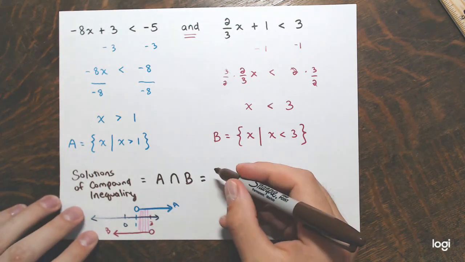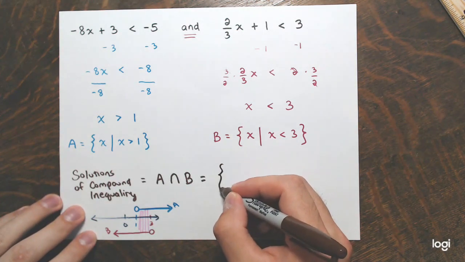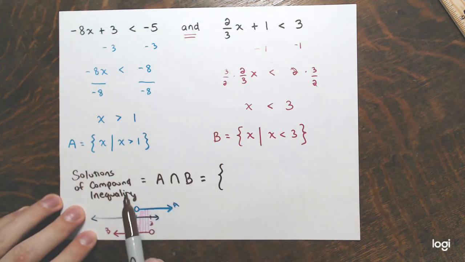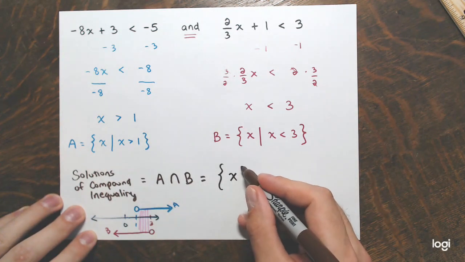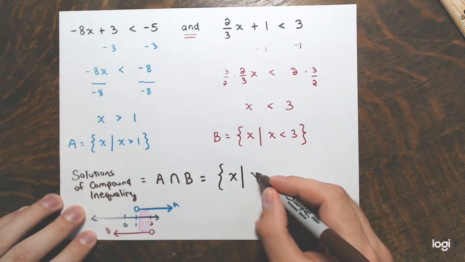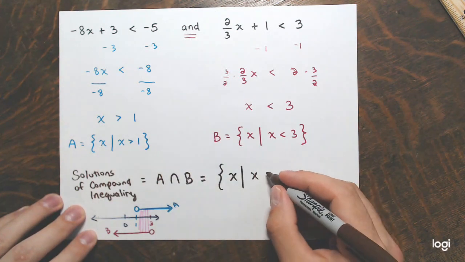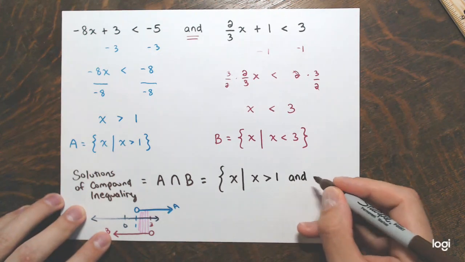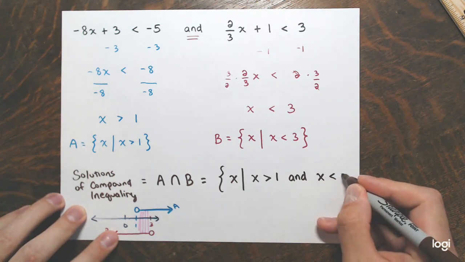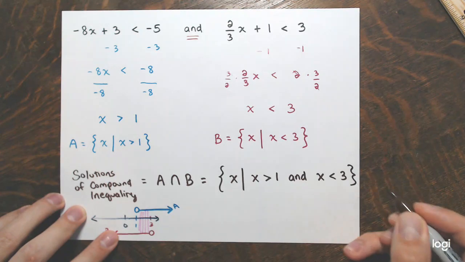So if I write the set builder notation here, the solutions of my compound inequality, this thing here, are all the numbers that are greater than 1. I'll just write the inequalities as is with the word "and." X is greater than 1, and X is less than 3. All right.